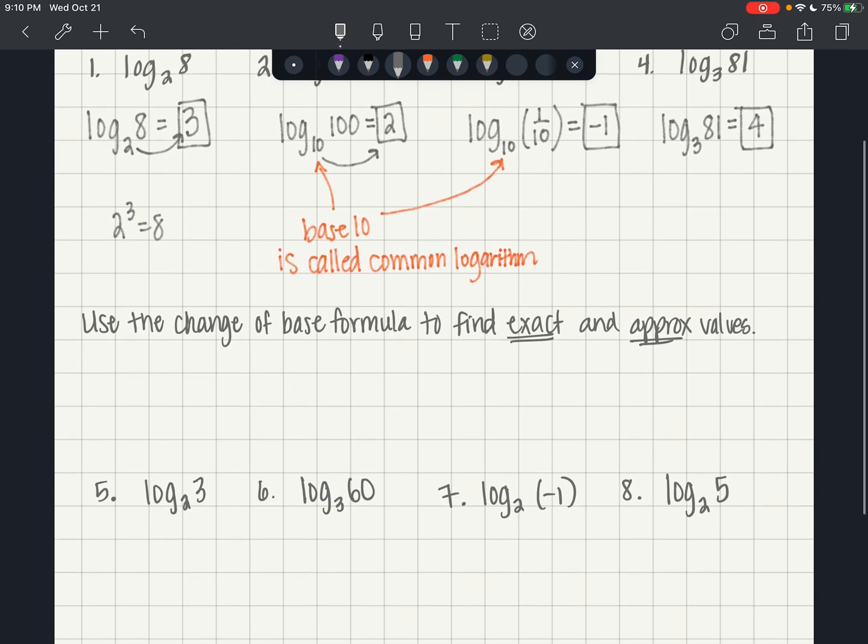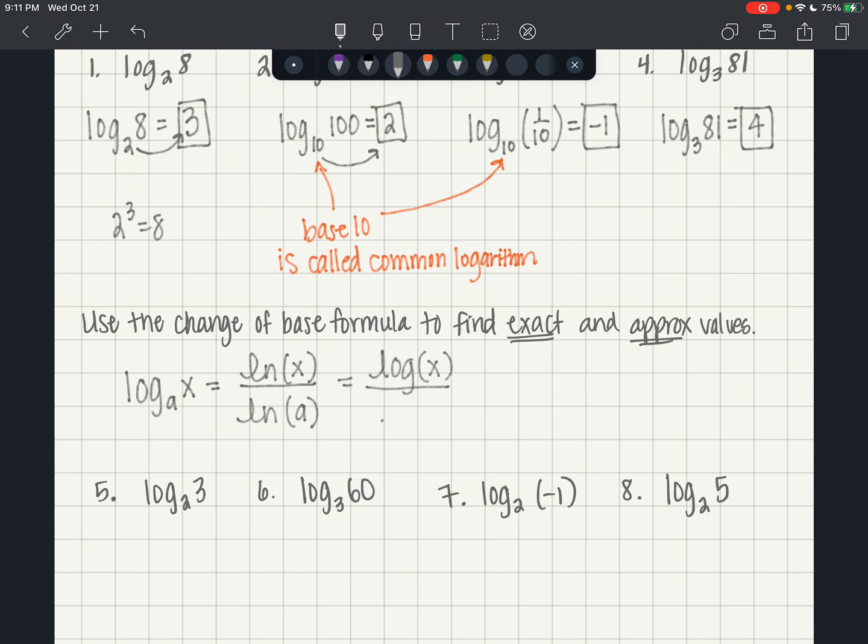Another useful thing to know is the change of base formula. And we use the change of base formula to find exact and approximate values. So the change of base formula says that if you have log base a of x, that is equal to the natural log of the argument divided by the natural log of the base, or the common log of the argument divided by the common log of the base.